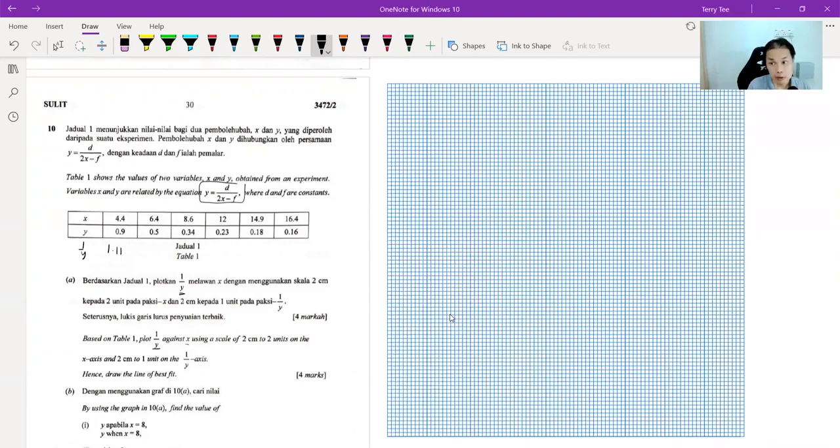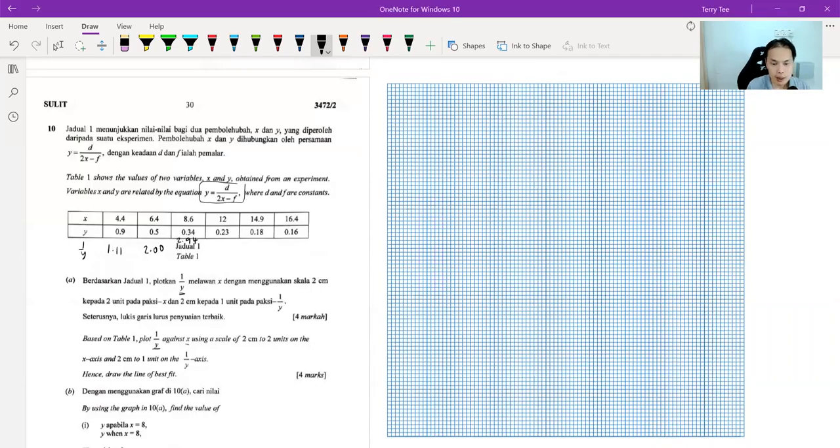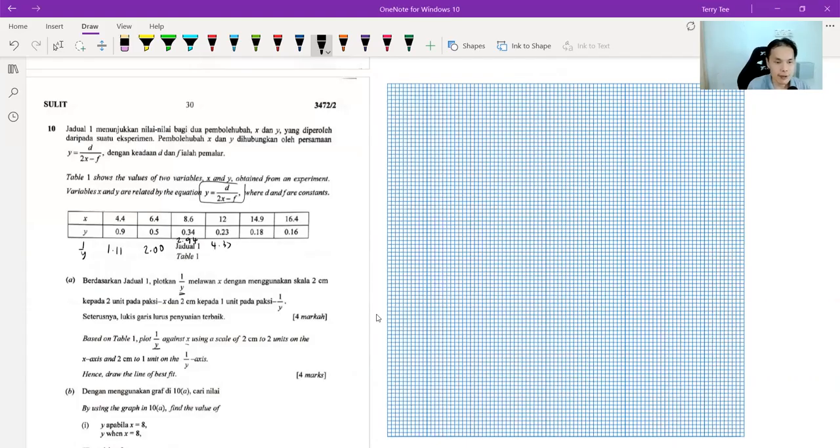Automatically converted to decimal. Now, 1 divided by 0.5, I think you can do mentally, 2.00. If not, you can use a calculator. 1 divided by 0.34 is going to give us 2.94. And 1 divided by 0.23 gives us 4.35.